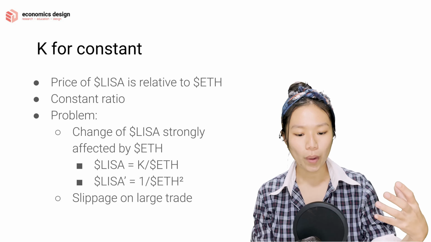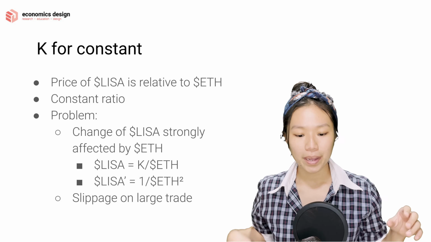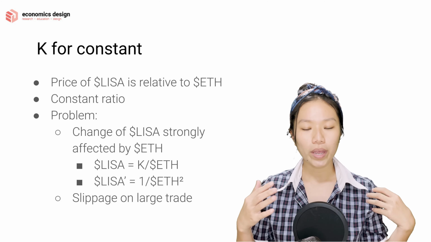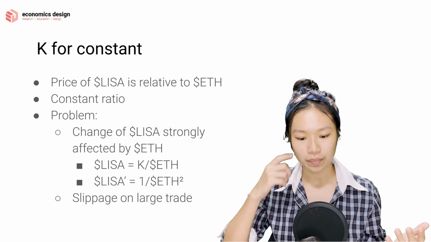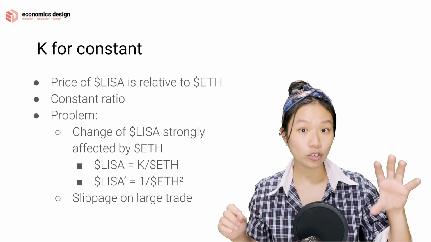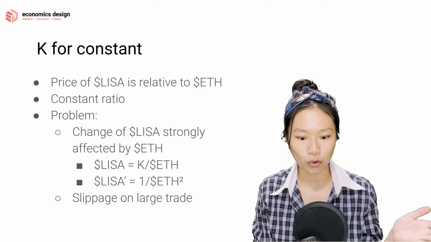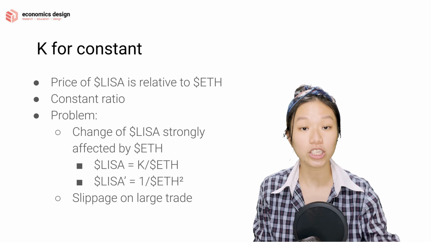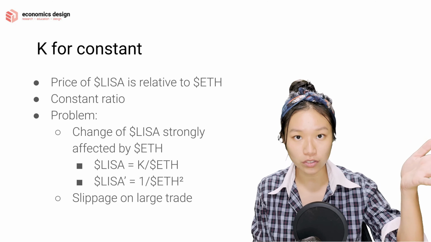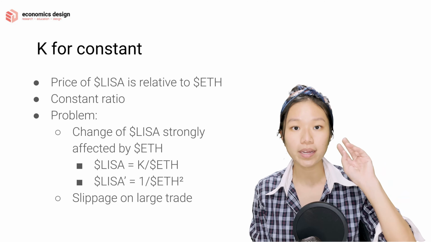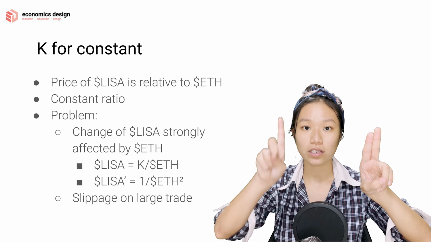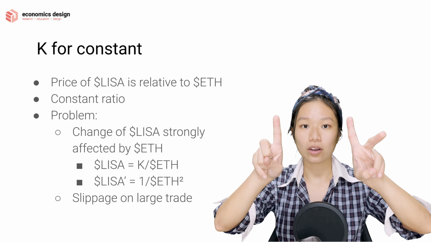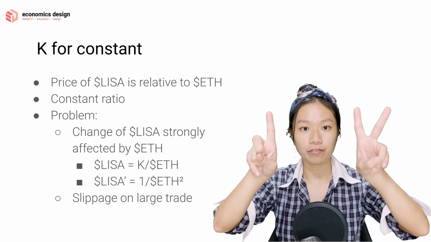So this is where the problem comes in. Because if we want to understand the price of, let's say, the Lisa token, we have to put it relative to ETH. And how do you get the quantity change in Lisa tokens? You get a constant divided by ETH. Remember, it's Lisa times ETH equals constant. So when you want to get Lisa, you divide both sides by ETH.